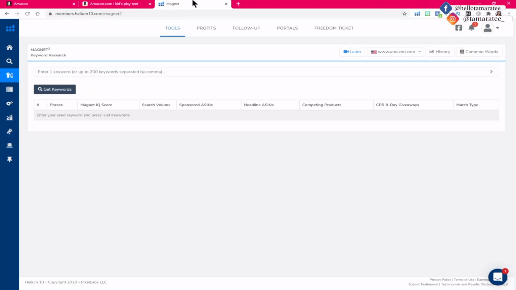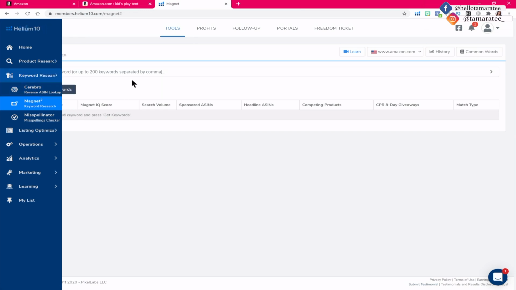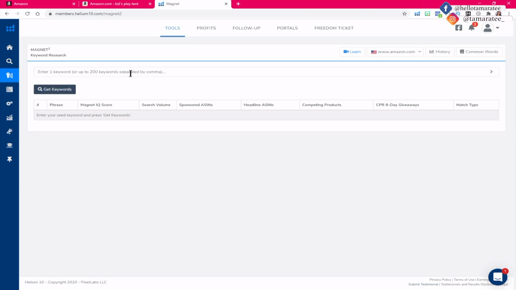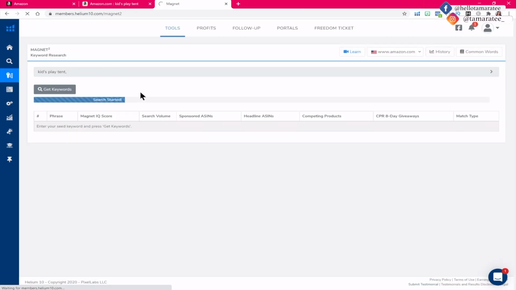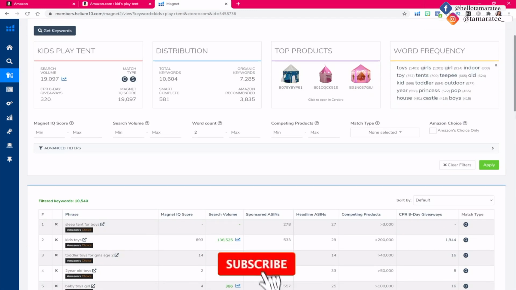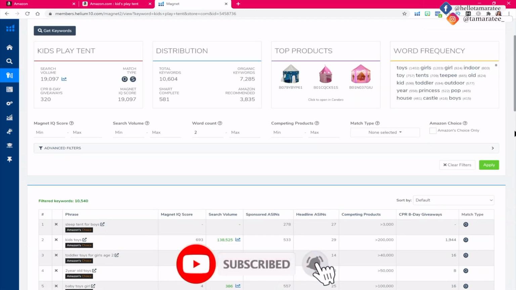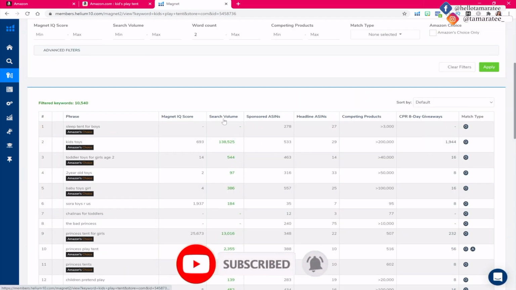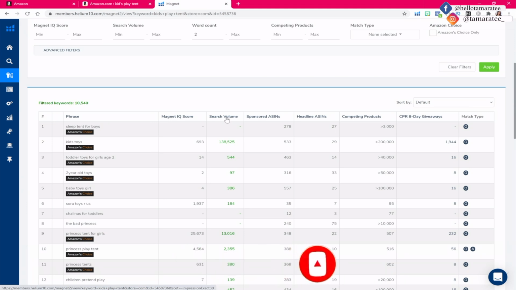So if we go into Helium 10 Magnet under keyword research, Magnet, and I type in kids play tent, I will show you an example of a low search volume keyword and why nobody is seeing your ad for that keyword. Okay, so you want to scroll down and go to search volume and sort this from big to small.